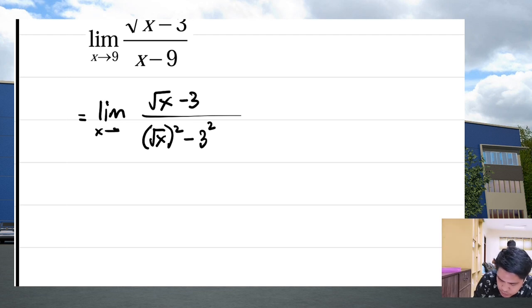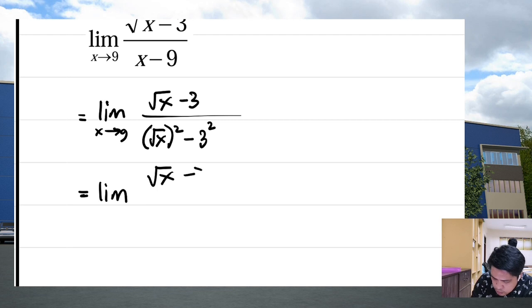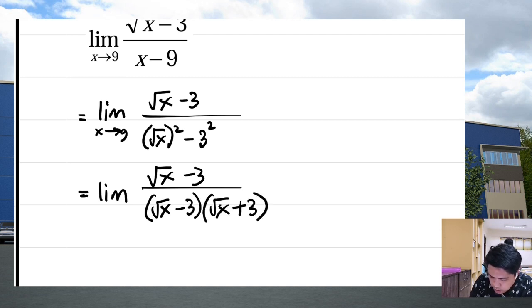So as x approaches 9, this becomes the limit of the square root of x minus 3 over the square root of x minus 3 times the square root of x plus 3 as x approaches 9. So we could cancel this out, this one group.